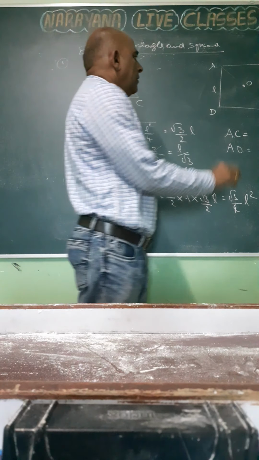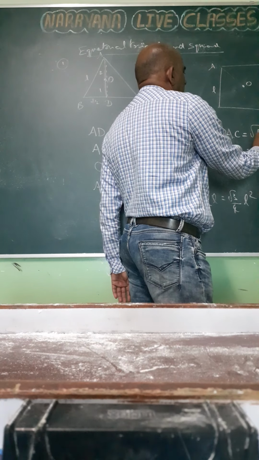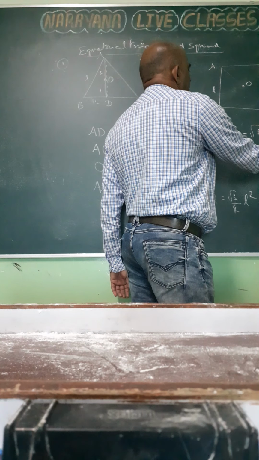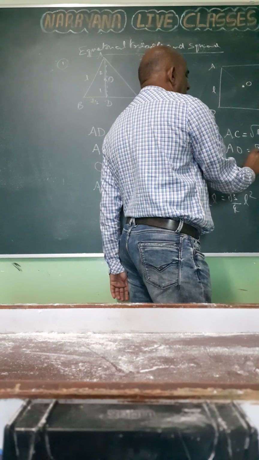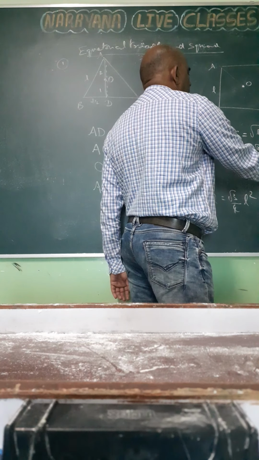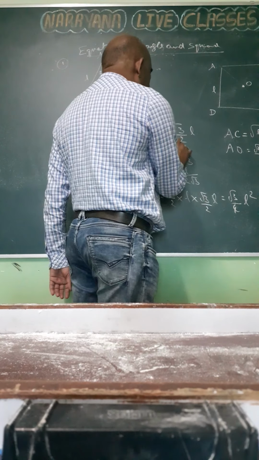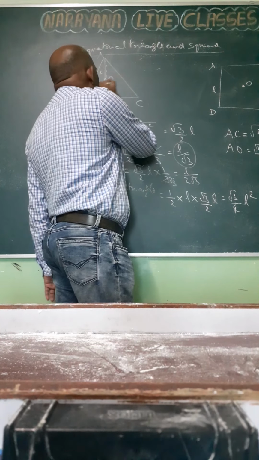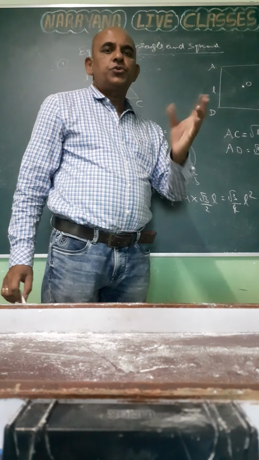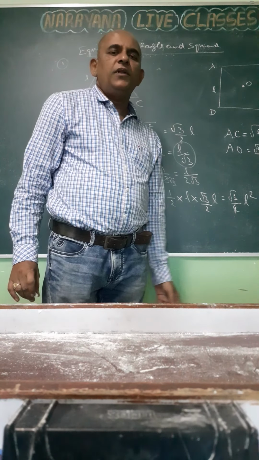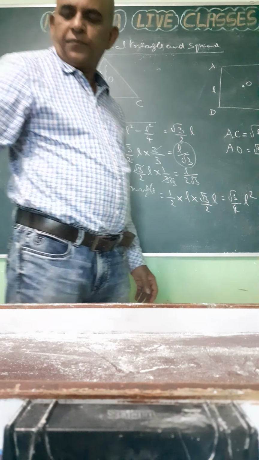The diagonal of the square is root of L square plus L square, that is root 2 L. AO is root 2 L by 2, that is L by root 2. So L by root 2, and L by root 3 is the centroid-to-corner distance for the triangle. These two values are more useful in physics. So this is concept number 1.